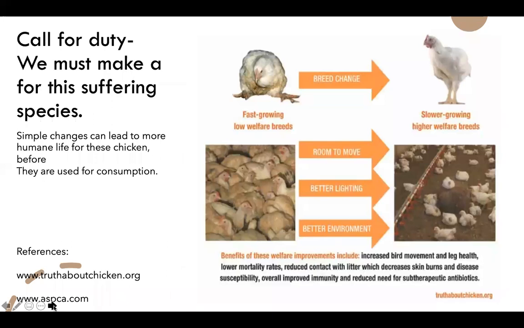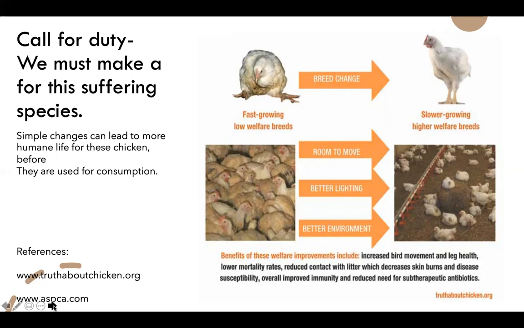So, what could we be doing for our part? We must make some alterations to these practices for the suffering species. Some simple changes could be made to have a more humane life for these chickens before they are used for consumption. These are just a few examples of how we could be using a different breed, giving them more room to move around, giving more light and a better environment.